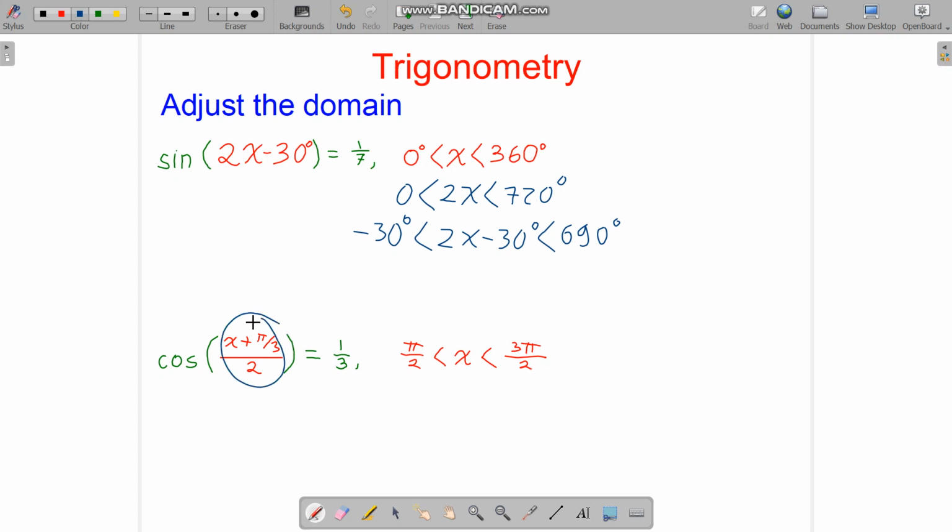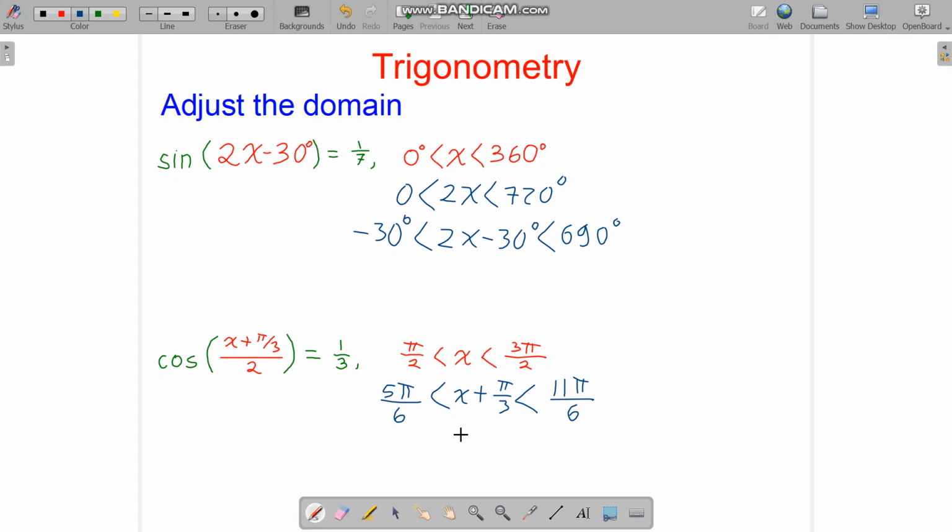And here we have x plus pi over 3 all over 2, so we have to add pi over 3. We get 1 over 2 plus 1 over 3, so 5 over 6. And if we add 3 over 2 plus 1 over 3, that would be 2 plus 9, 11 over 6.